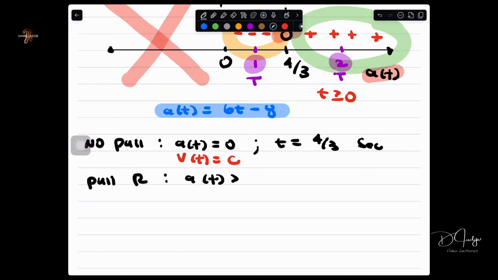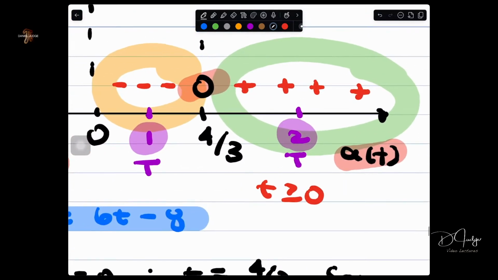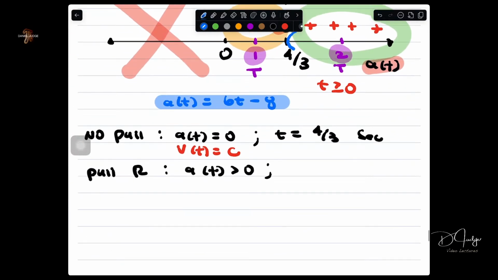Where your acceleration is strictly positive. That means it's for values of t on our sign analysis that are bigger than 4/3. So t has to be greater than 4/3 seconds. As interval notation, that's 4/3 up to infinity.